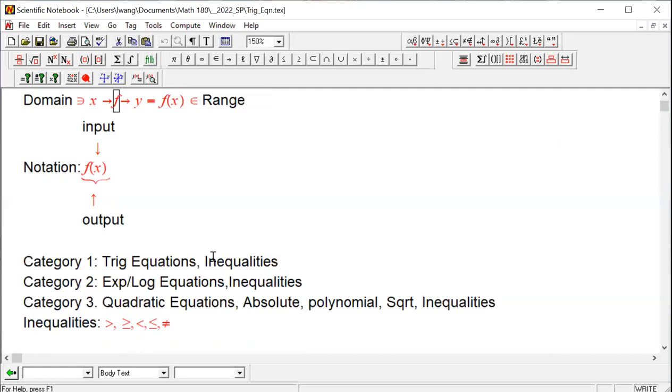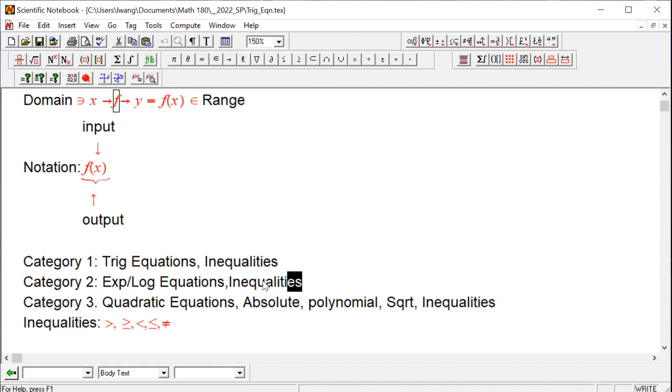Specifically, we have categorized the if statements we are going to be dealing with. One category is trig equations or inequalities. The other category is exponential or log equations.